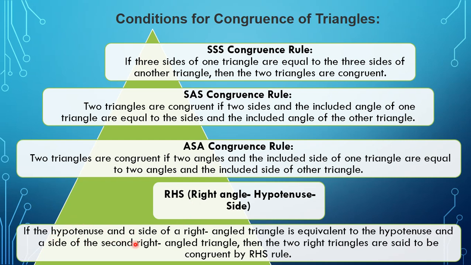If the hypotenuse and a side of a right angled triangle are equal to the hypotenuse and a side of the second right angled triangle, then the two right triangles are said to be congruent by the RHS rule.